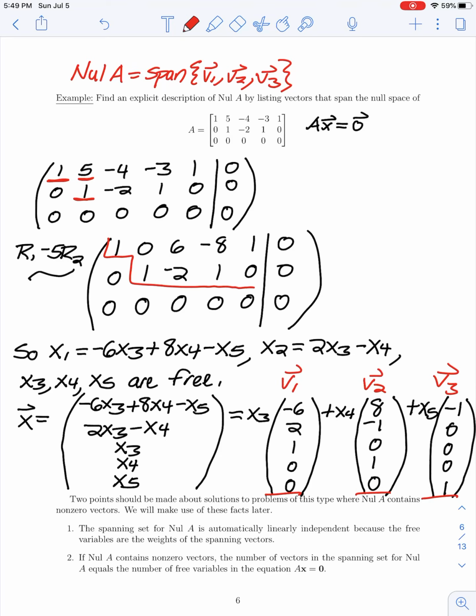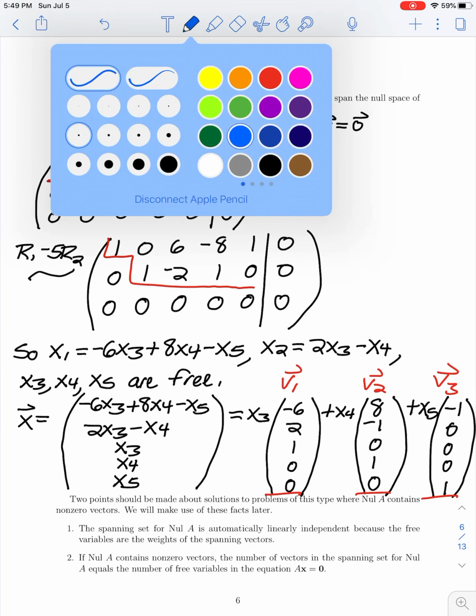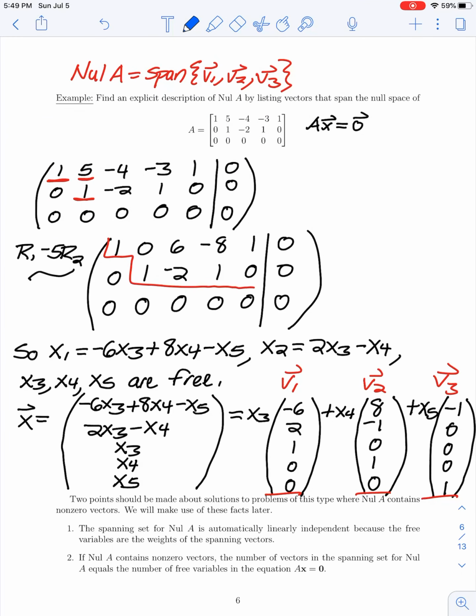We can make a couple of observations on the form of our solution set from the last 2 examples. Here are 2 points we'll want to make about solutions for these types of problems, where the null space of A contains non-zero vectors, and we'll refer back to these later.